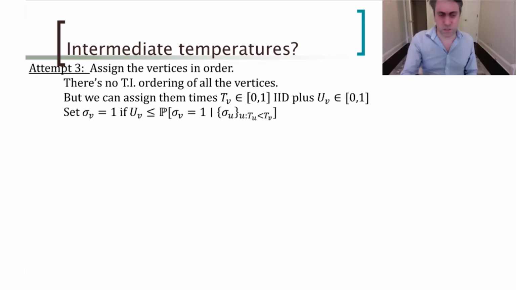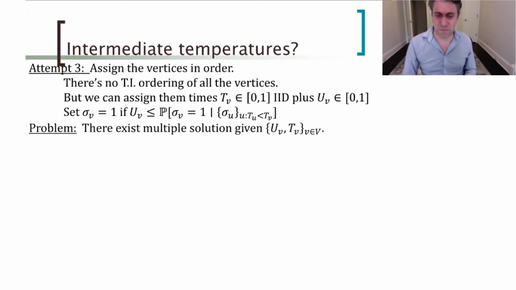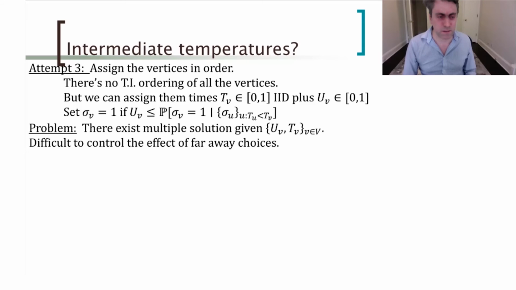Okay, so this is a valid construction for a finite graph, and you can ask, can we extend this to an infinite graph? Well, one problem is that this is really a set of equations, and there's more than one solution to it. You can have a solution that's effectively the plus measure or the minus measure. And it's still an open problem whether you can find, in a strong sense, a solution that corresponds to the free measure.